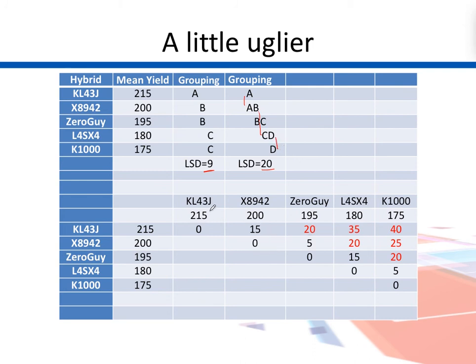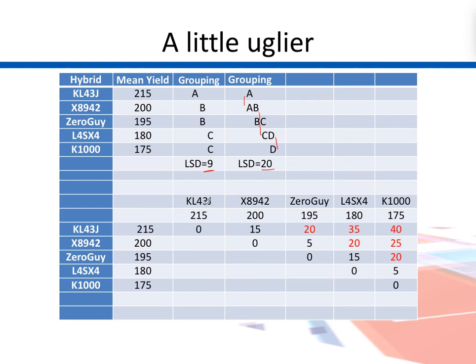We can also place them into what we call a table, where we have the same varieties on the columns and the same varieties on the rows, and we put their means, and here we place their differences, and where we see the difference is significant, that is equal to or greater than LSD, we just highlight it with red.